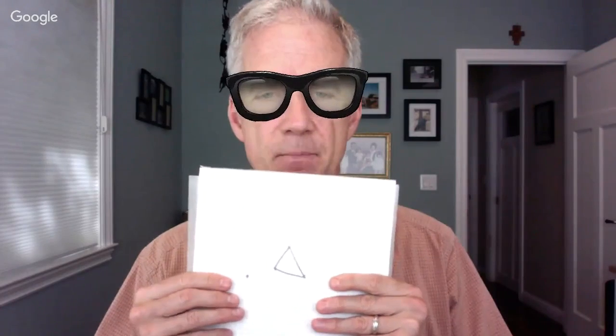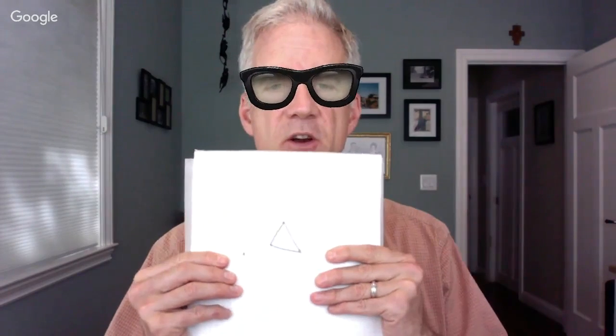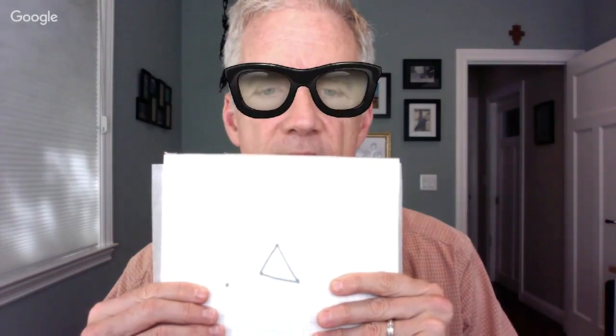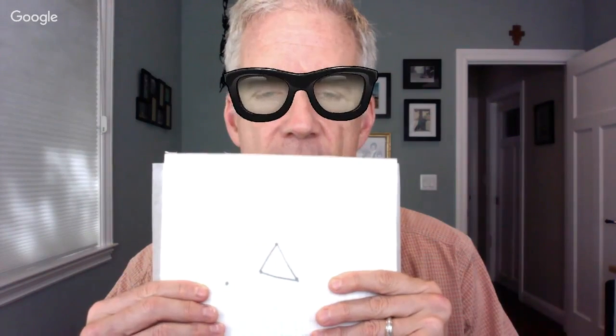Okay, so the way that you do a rotation is you lay your tracing paper right on top of your other paper, and then you draw the point and the object that you're going to rotate. I'm going to do that right now. On my tracing paper, I trace my object and my point of rotation.